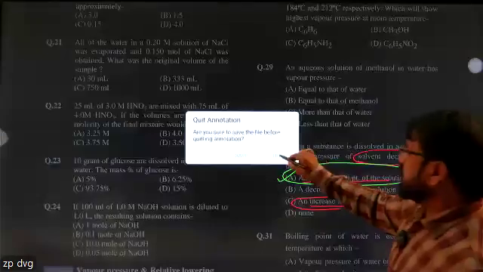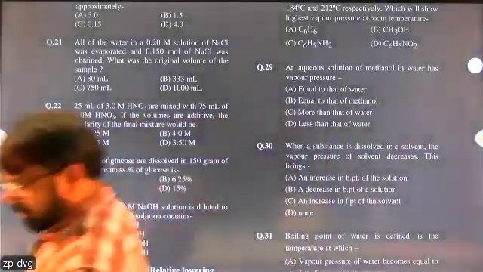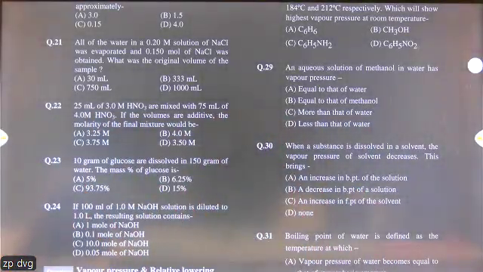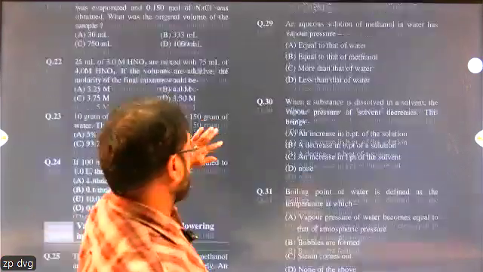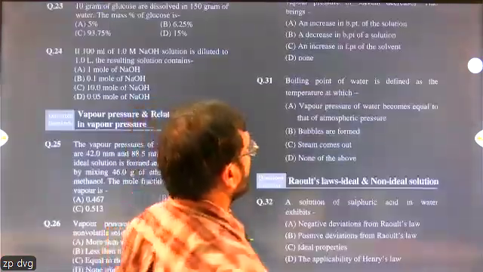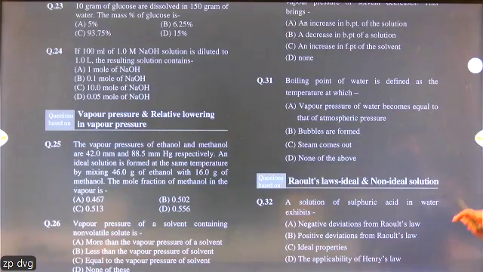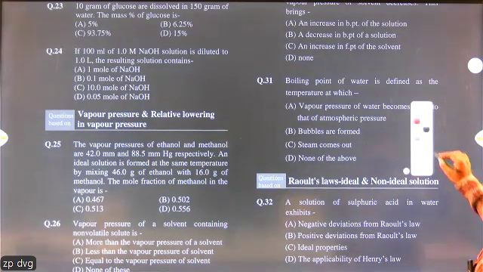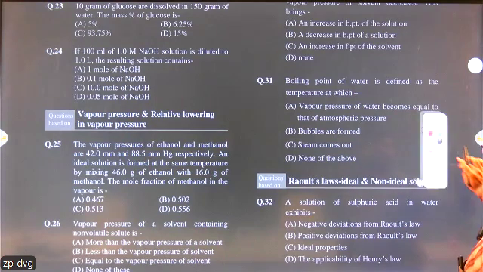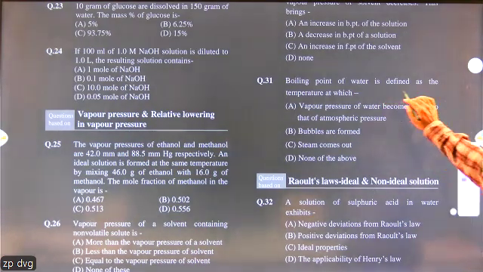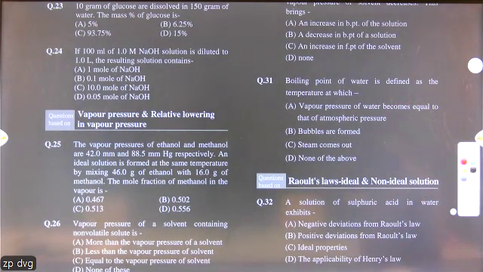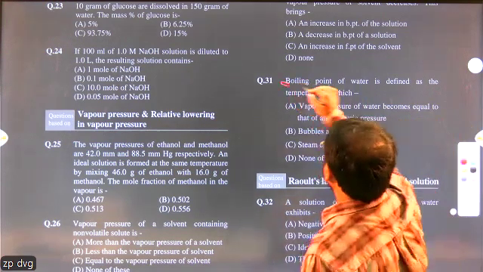Next, question number 31. Boiling point of water is defined as the temperature at which... So what is the boiling point?